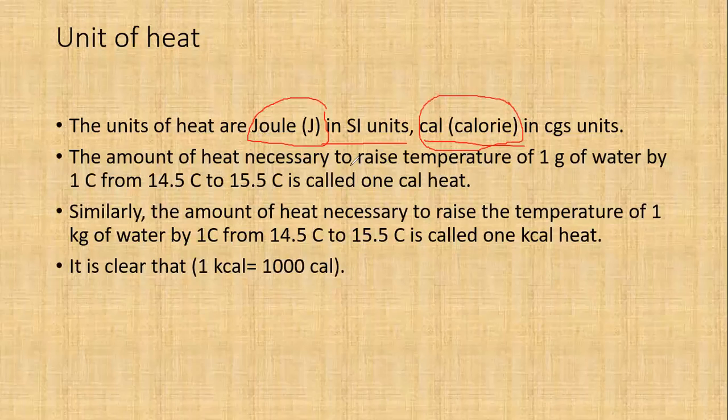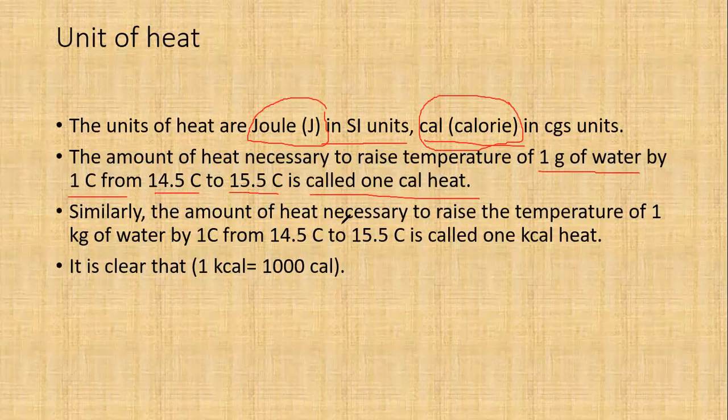The amount of heat necessary to raise the temperature of 1 gram of water by 1 degree Celsius from 14.5 degrees Celsius to 15.5 degrees Celsius is called 1 calorie of heat.